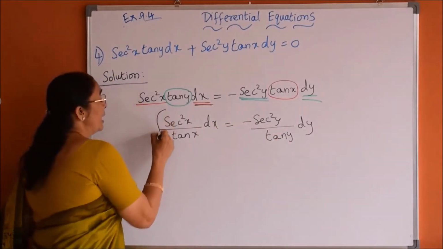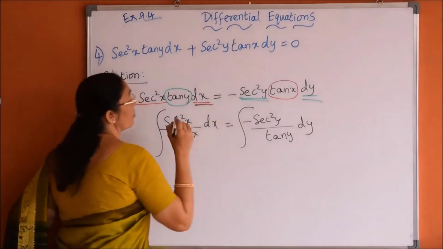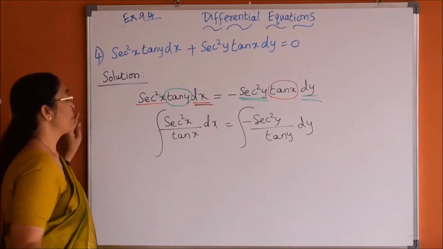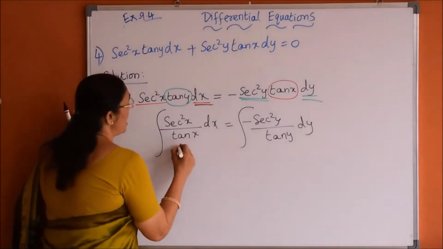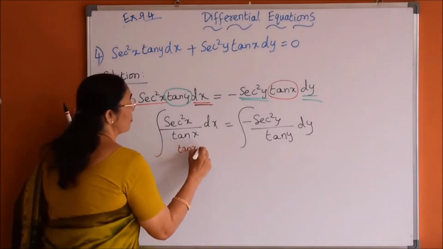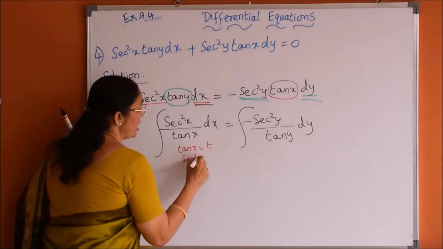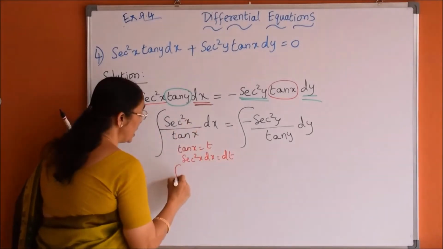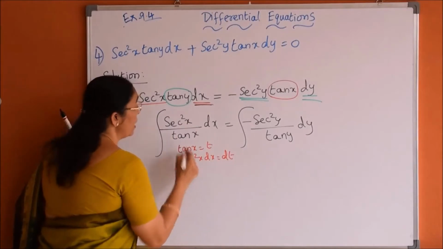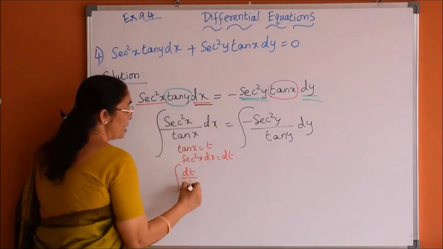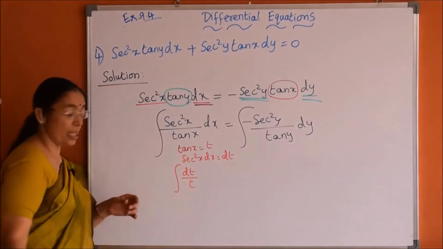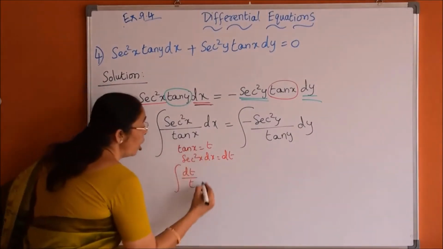Now we can integrate both the sides. This integration we do by the substitution method. If I substitute tan x is equal to t, we get secant square x dx as dt. So this is nothing but integration of dt by t, which is log mod t plus c, where t is tan x.